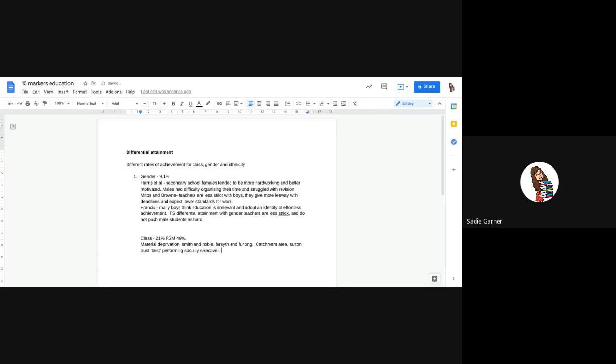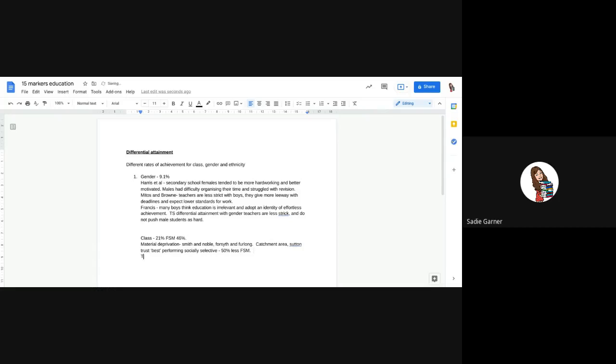They get to pick, and they have 50% less free school meals children. So they may be considered the highest achieving schools in the country, but that is because they are more socially selective and they have 50% less free school meals. So it may not be about the quality of the provision necessarily. It can be about things like catchment areas in more wealthy areas, etc. So those 3 pieces of evidence.